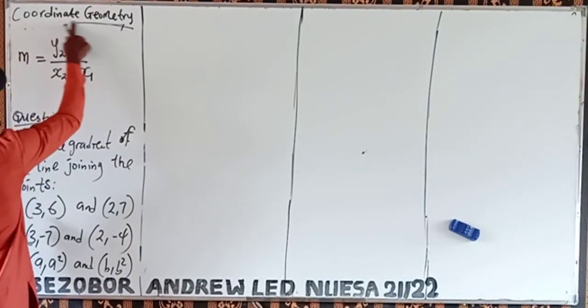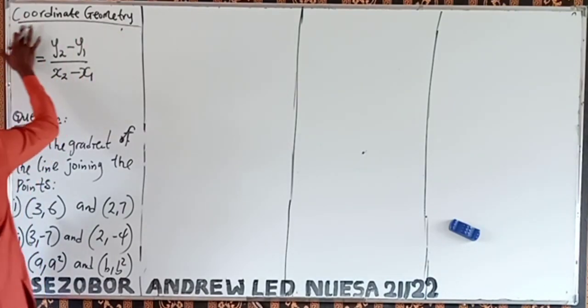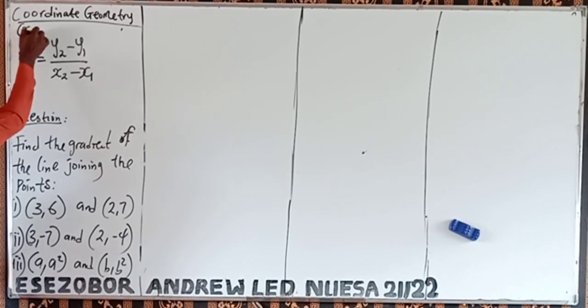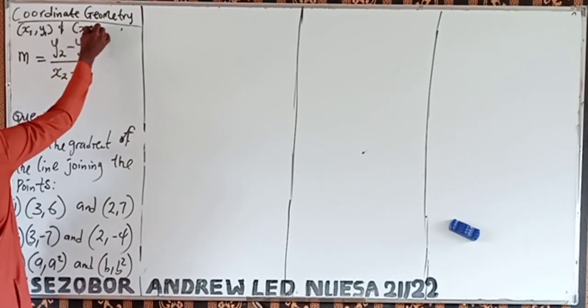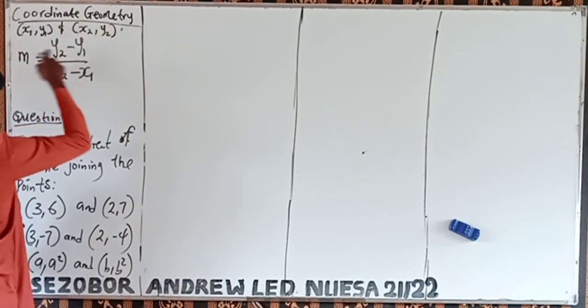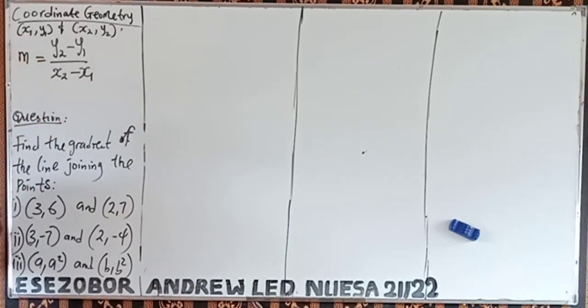The slope of a line joining 2 points, the points are x1, y1 and x2, y2. To get the gradient of the line joining this point and this point, the gradient will be equal to y2 minus y1 divided by x2 minus x1.